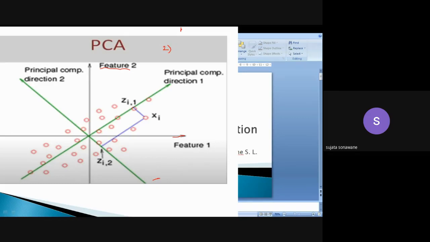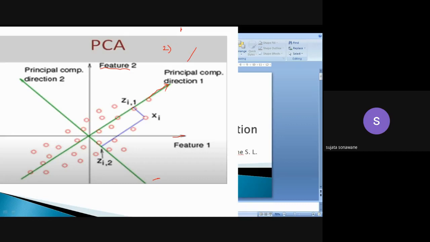Okay, now we will see what orthogonal is. When we draw the first one, the principal component direction 1 is shown with the green line. For this principal component, our variance is the maximum.